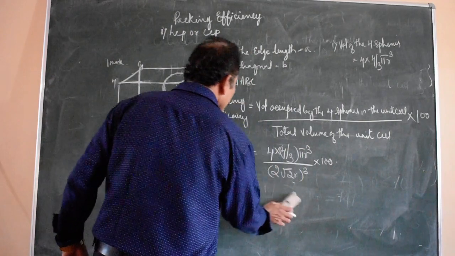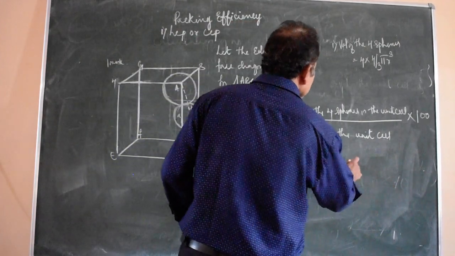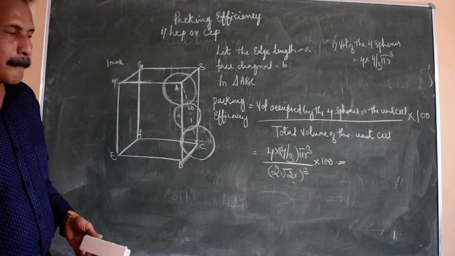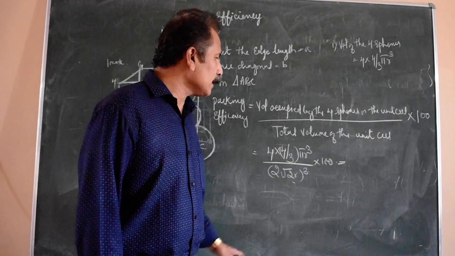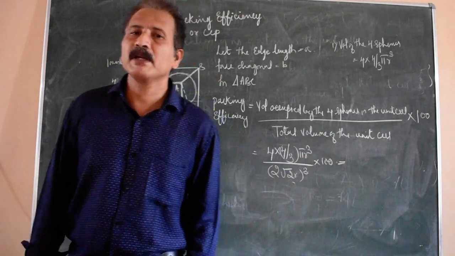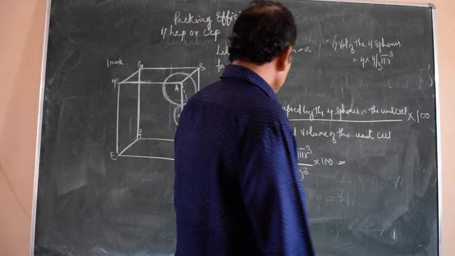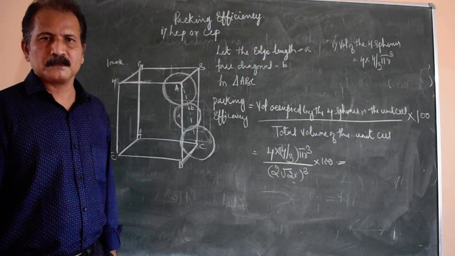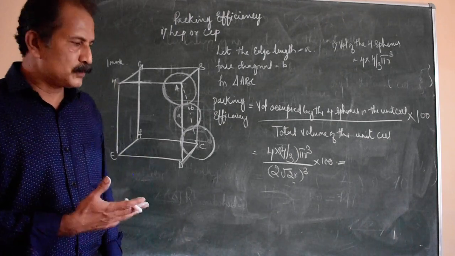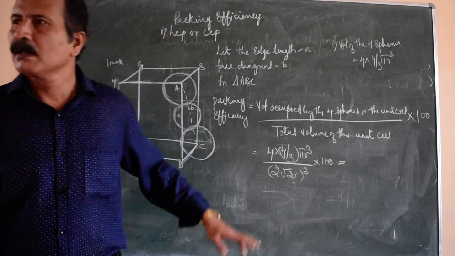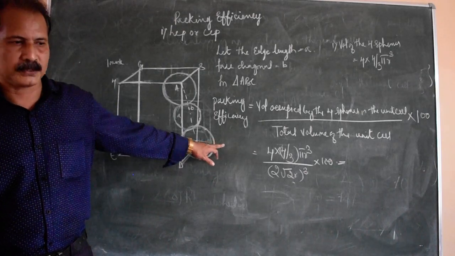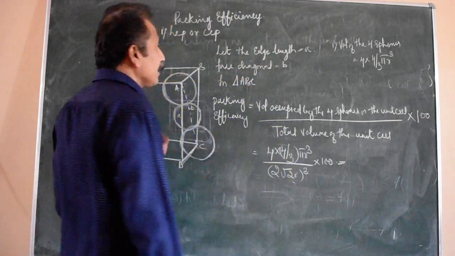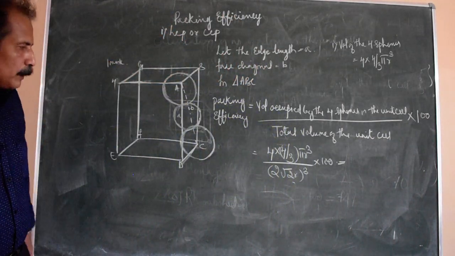So some of you can directly write it here. You can directly convert that into percentage, that it is 74%. This is the most common question that is asked. If you see the question papers, you will see that this is the most common question. Fine. So packing efficiency comes to 74%.